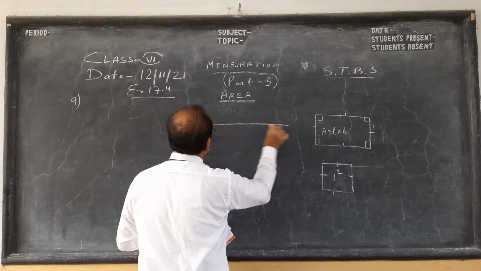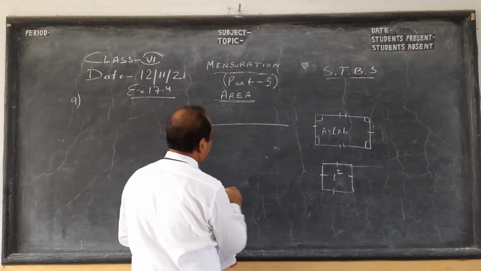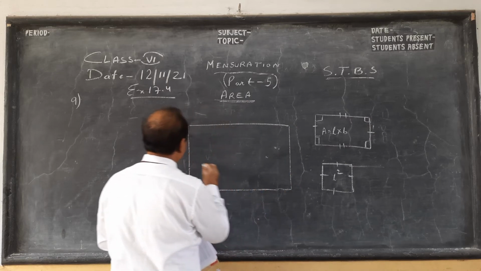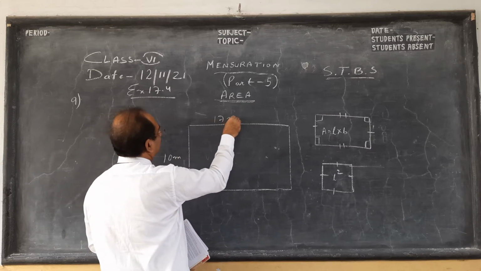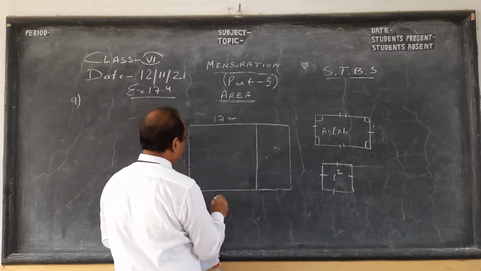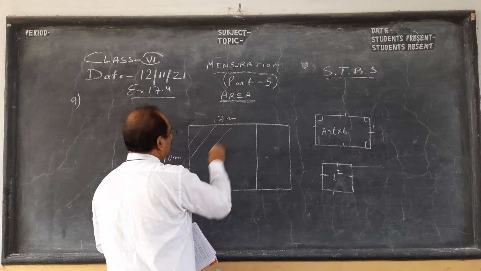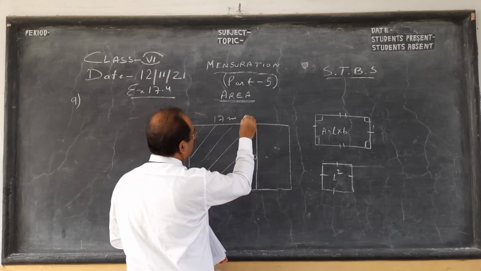We have a rectangular room. The room is 17 meter long and 10 meter wide. But I have a carpet of 10 by 10 meters. So carpet is 10 and this is also 10.